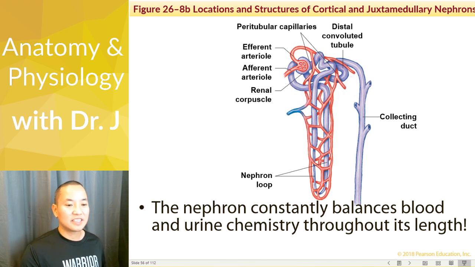They are not the same thing as the vasa recta. The vasa recta refers to the capillaries that are around the loop of Henle. I think it was Crash Course that said these are the same, and they're not the same. Peritubular capillaries are around the PCT and DCT, whereas the vasa recta is the one reclaiming all the water and all the salt that you're reabsorbing from the loop of Henle.